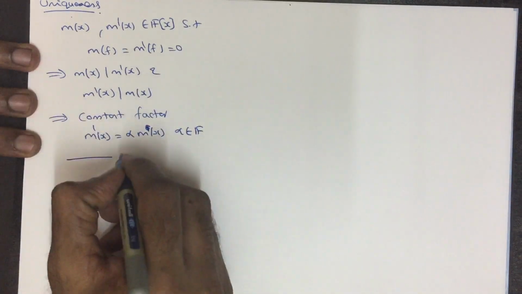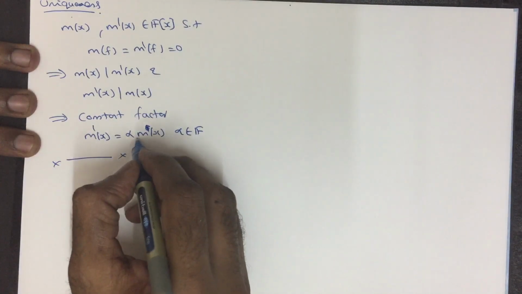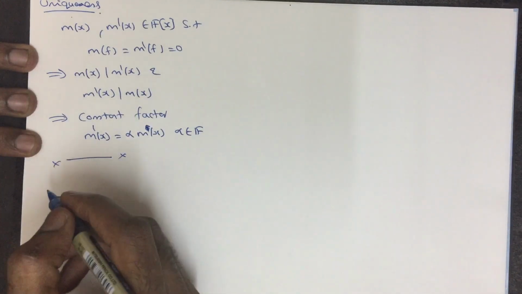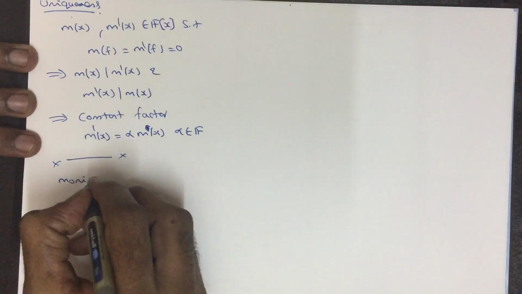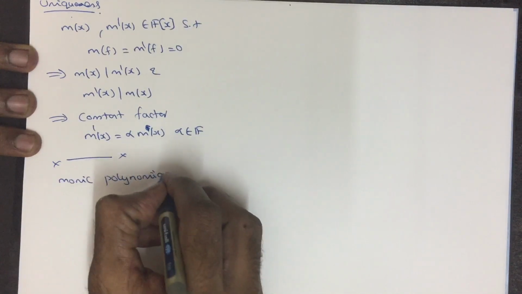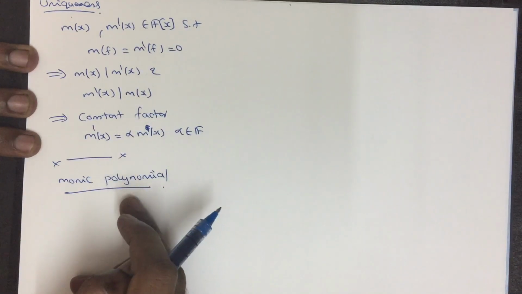Okay. And this can be taken care of by characterizing the minimal polynomial as a monic polynomial. Monic polynomial means that the coefficient of the highest degree has to be 1.